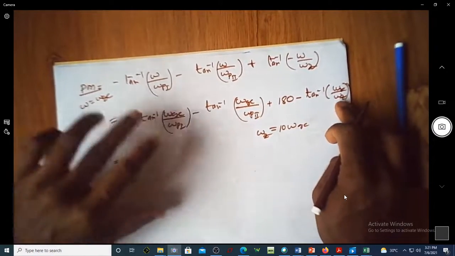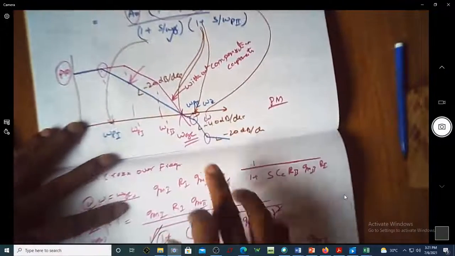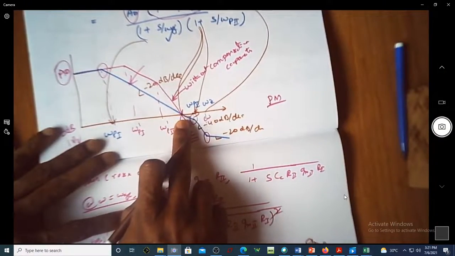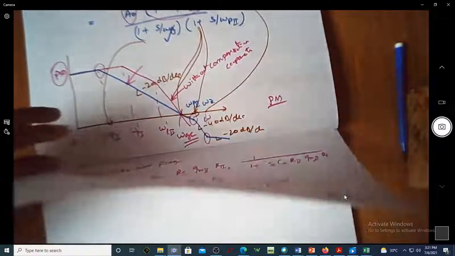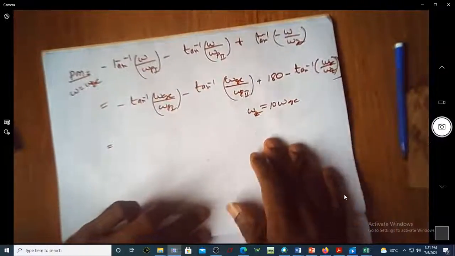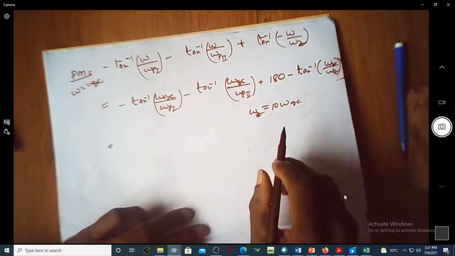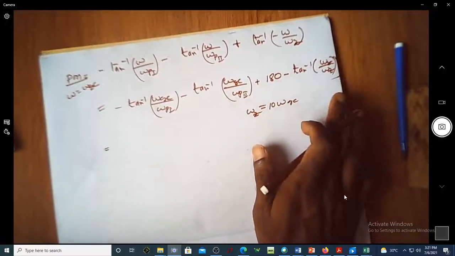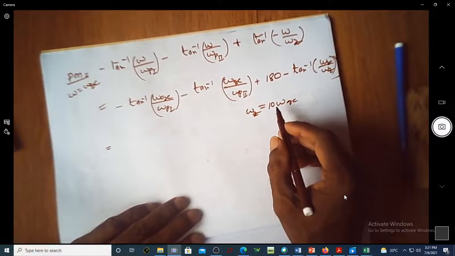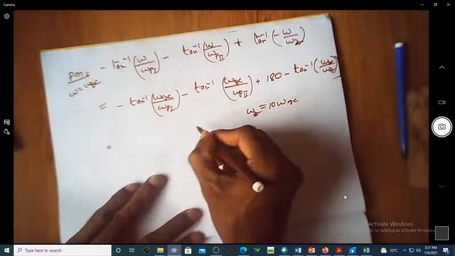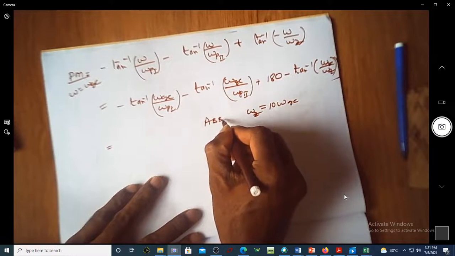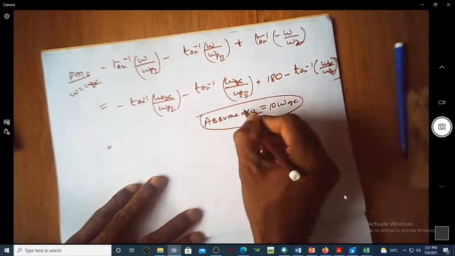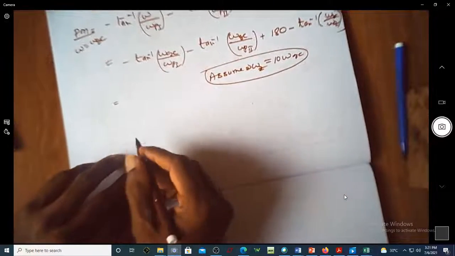So we are assuming that whatever zero you have here is too far away from the gain crossover frequency, at least 10 times away, so that it doesn't deteriorate the phase margin. In order to have a larger phase margin, I need the zero to be far away from the gain crossover frequency. So when you assume this, let us see what happens.